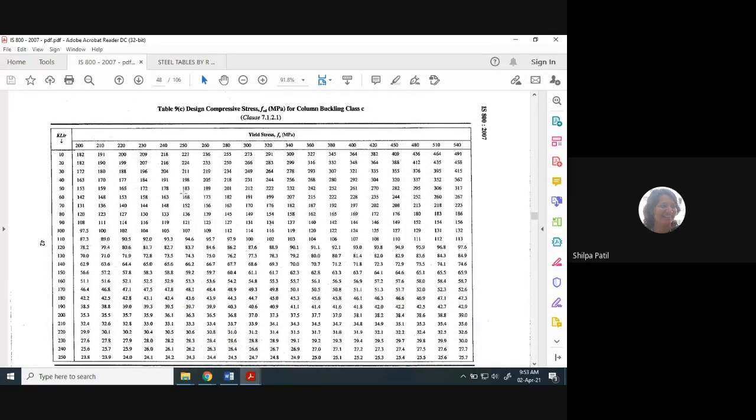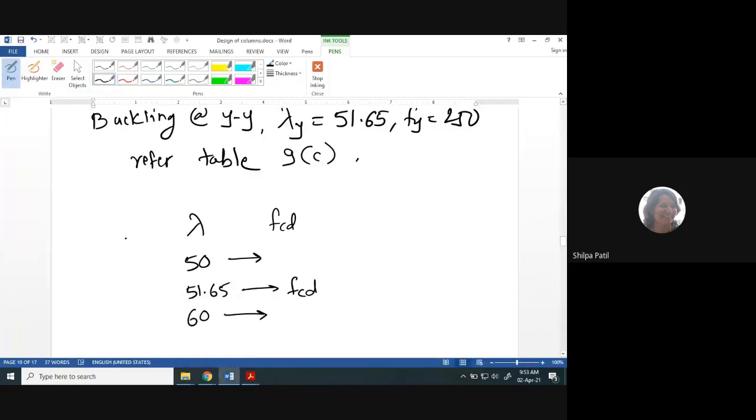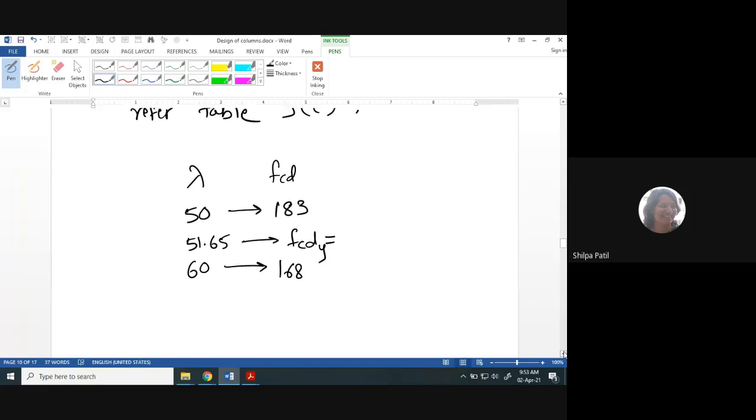For 50, 183 and 168. So interpolate the value in between these two and tell me FCDY.